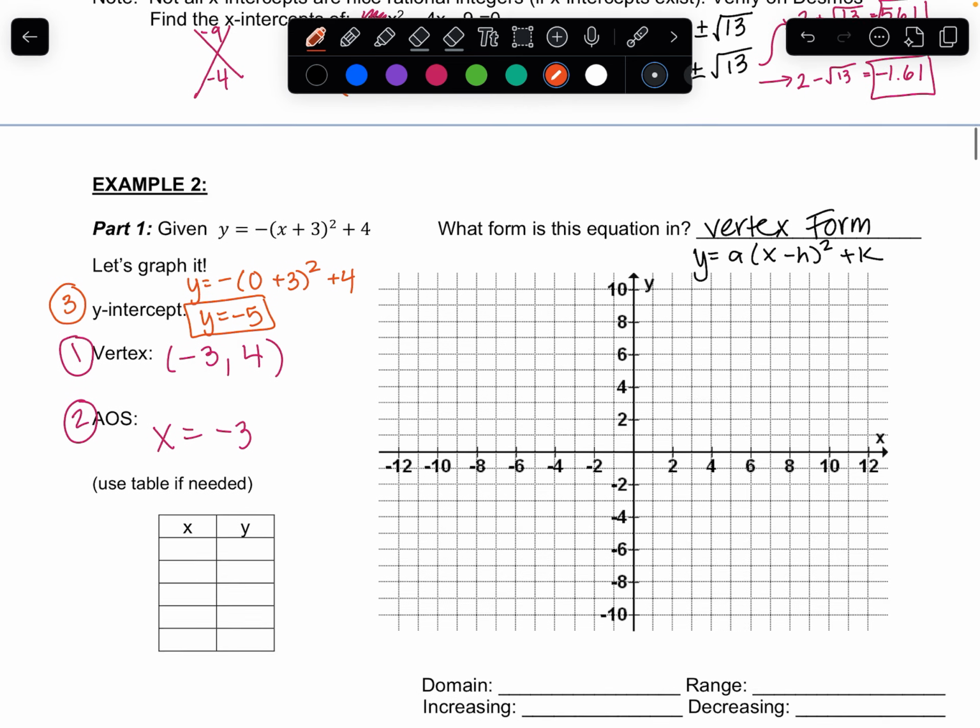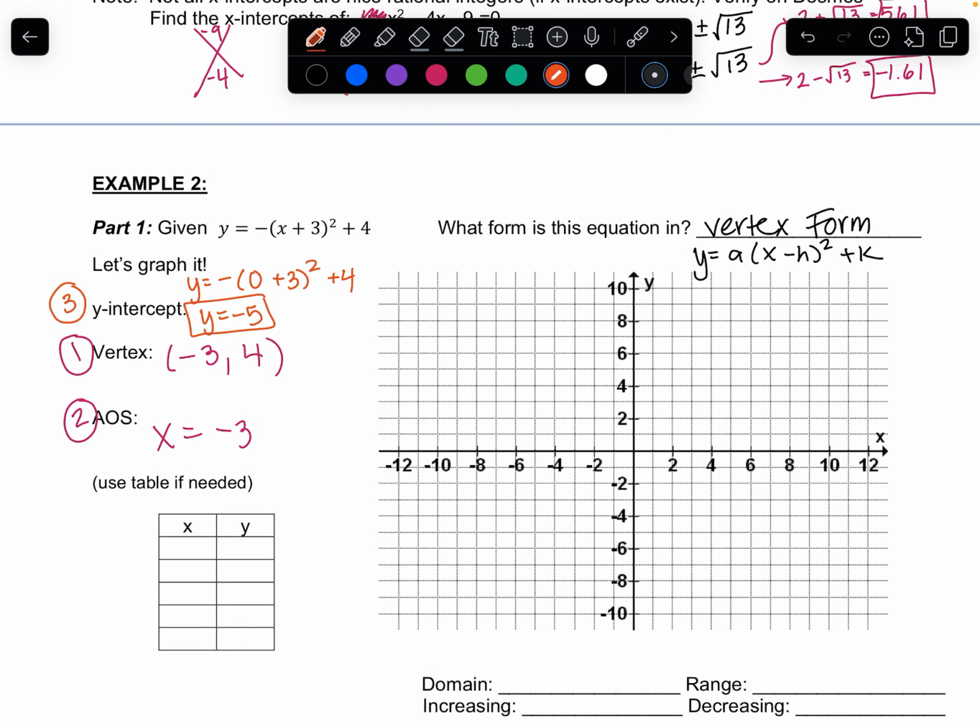And so we can graph all these pieces of information. So we've got -3, +4, line through the equals, there's our axis of symmetry. My y-intercept is -5. I can reflect it over, which I didn't reflect it over the right amount. There we go.